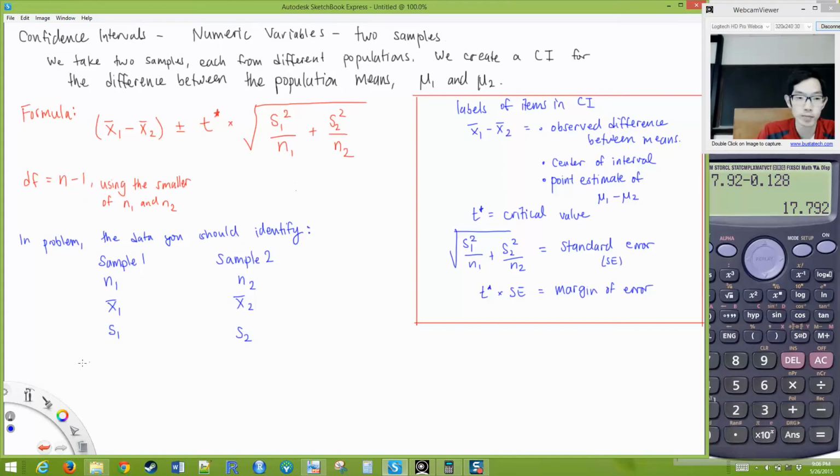The resulting confidence interval is an interval for the difference between population means.